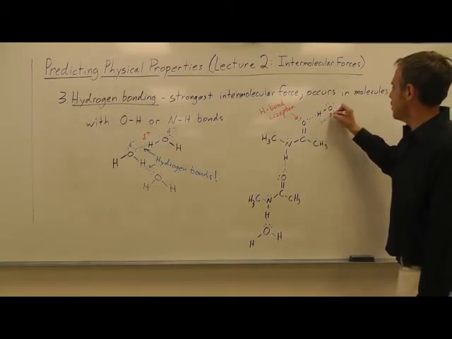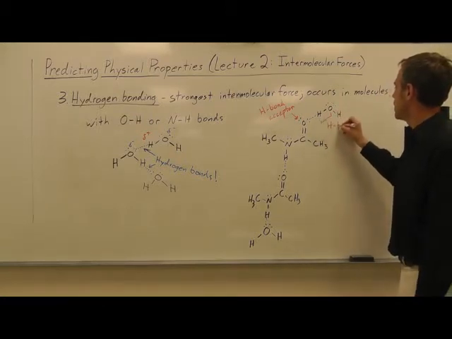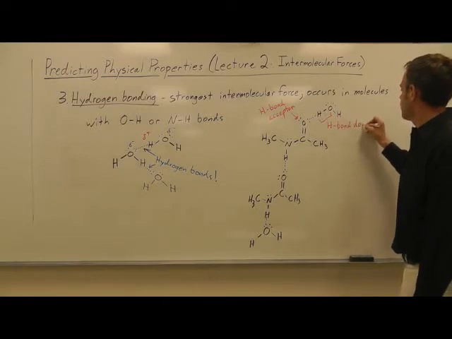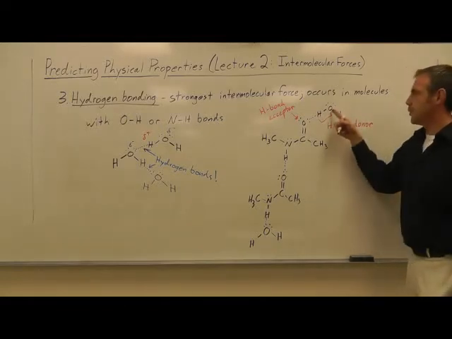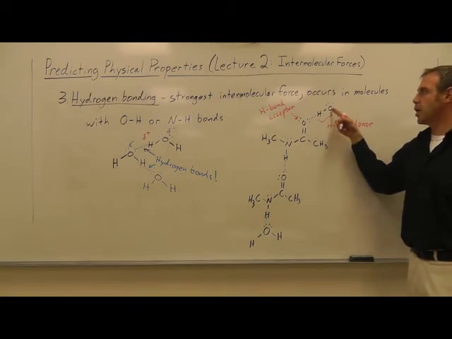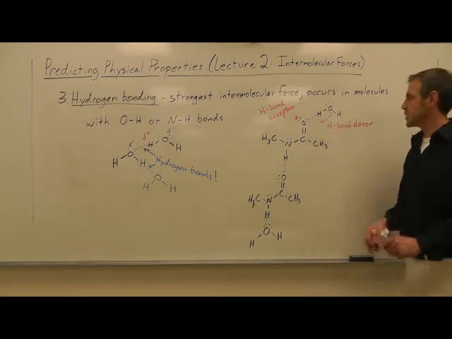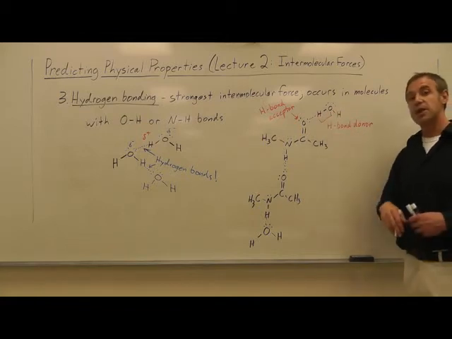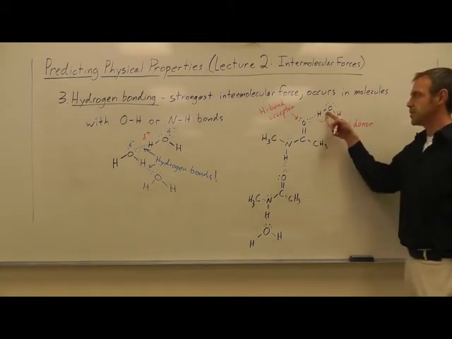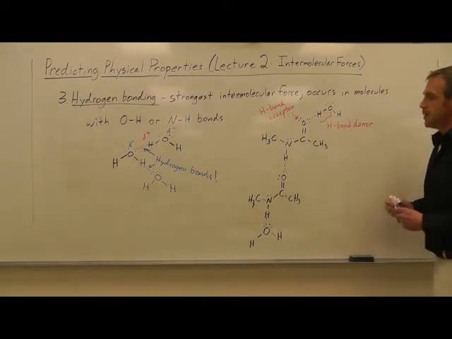In terms of the donor, we can refer to the entire oxygen-hydrogen set of atoms. And so both of these atoms are the donor, because it's based on that bond.